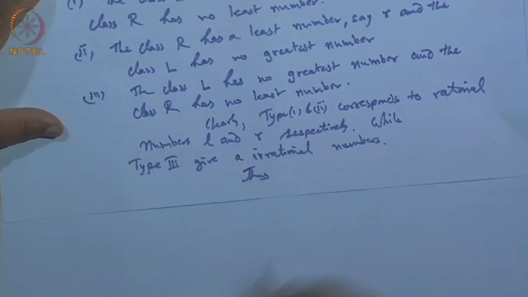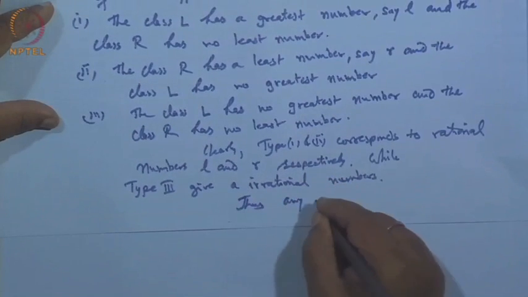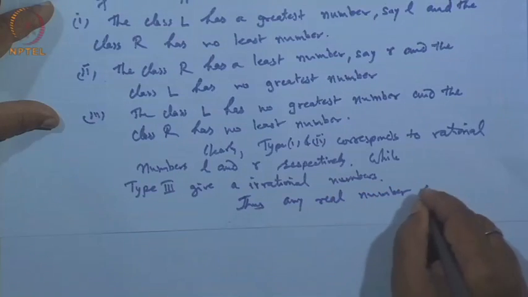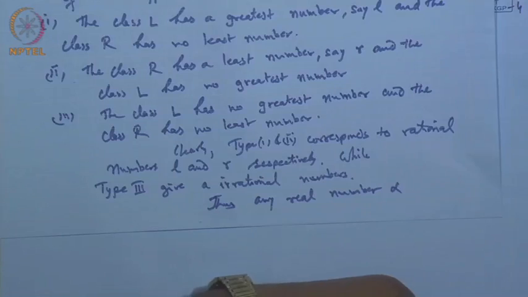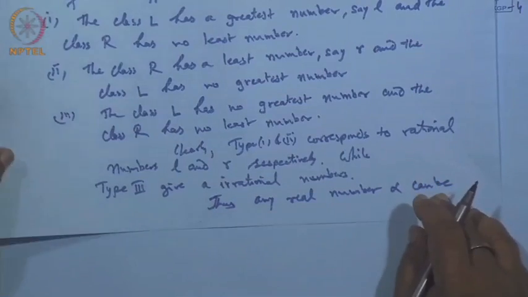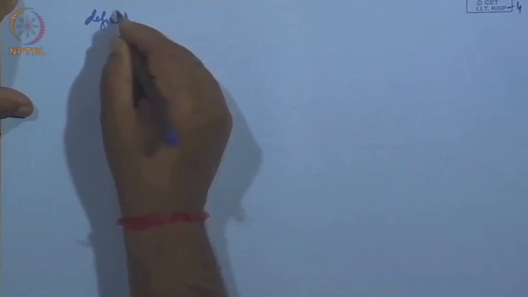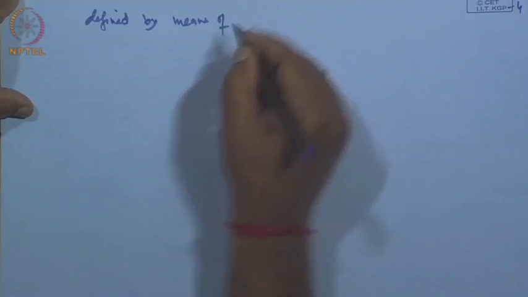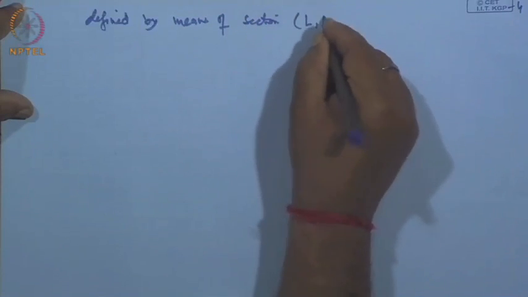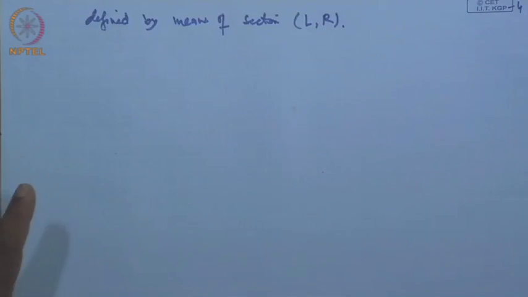Now, if this section falls in the first two categories, then the real number is rational; if it falls in the third category, then that real number will be irrational. So, thus any real number alpha can be defined by means of a section LR. Is it okay?